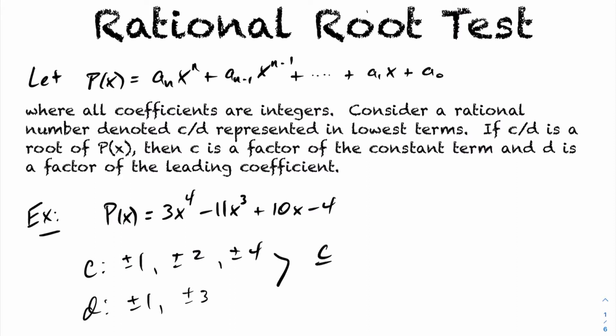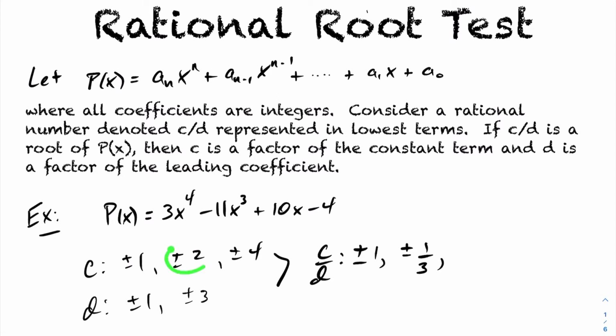Putting these together, c over d represents all possible combinations of integers or rational expressions which could be roots of our polynomial. So we take plus or minus 1 divided by plus or minus 1, which gives you two roots, either 1 or -1. Then we take plus or minus 1 divided by plus or minus 3, which creates two possible roots, plus or minus 1/3.